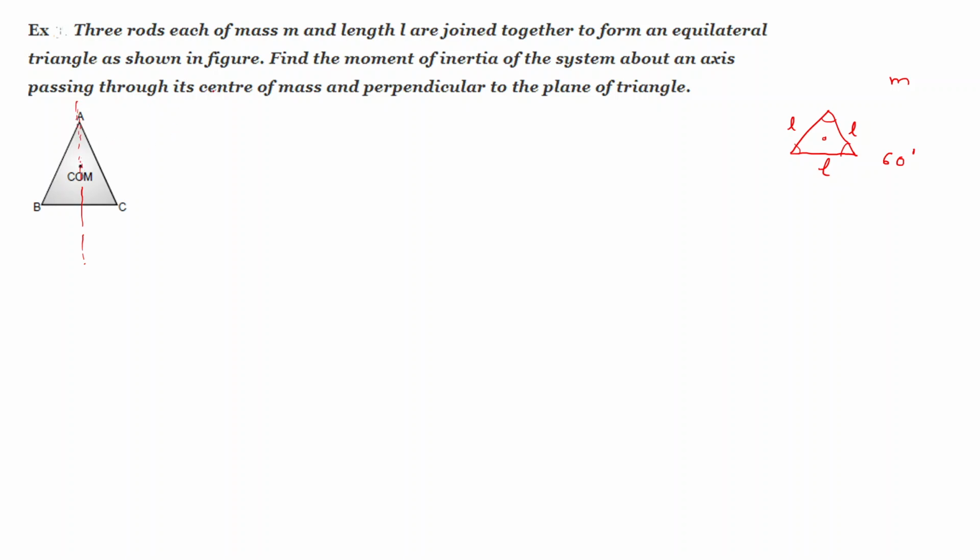This is perpendicular, because I'm not able to draw 3D here, but just keep in mind, the axis that we are talking about is perpendicular to the plane of this triangle.